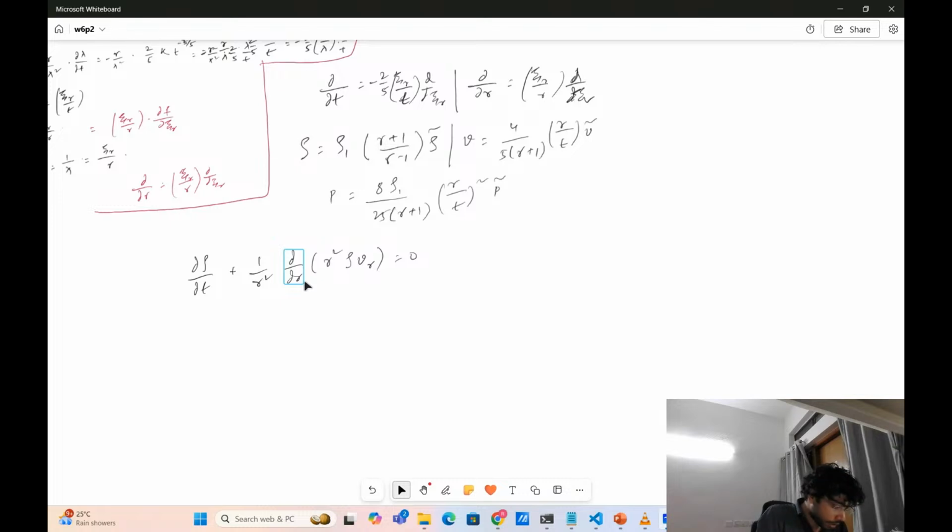So if we do that, let's look at the first term. Del rho del t, that is minus 2 by 5 psi r by t, and then del del psi r of rho, right? So rho I have written as gamma plus 1 by gamma minus 1 rho tilde psi r, right? So I substitute rho from here, and the second term is 1 by r square.